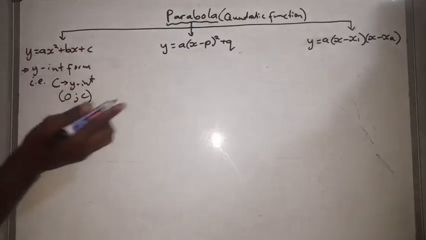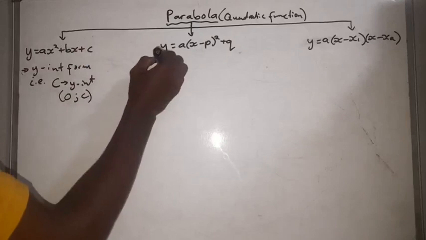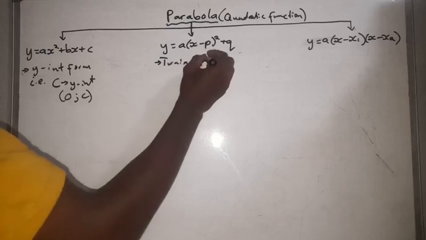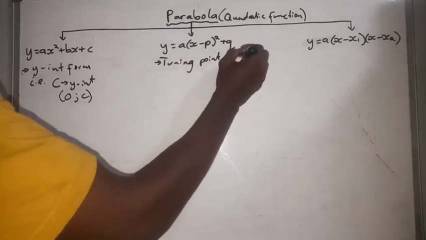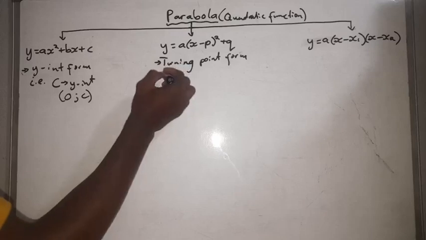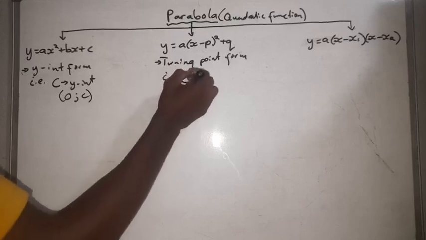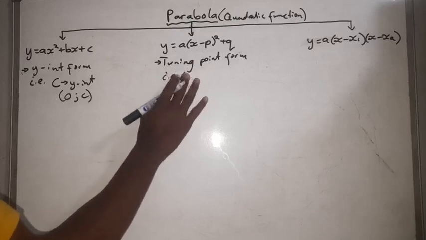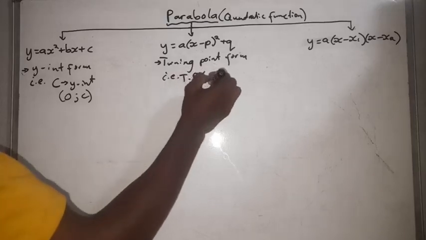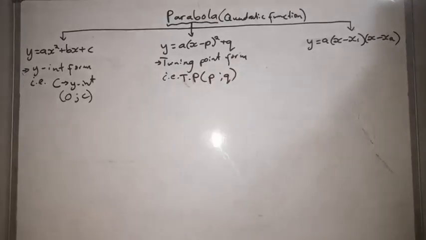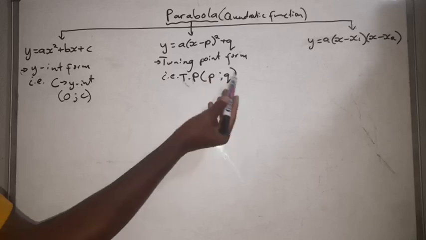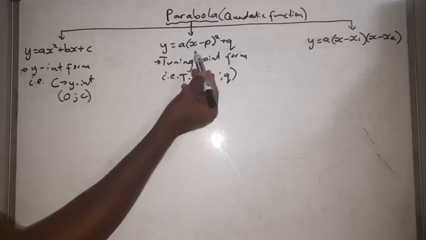Then this one, I'm going to call the turning point form. Why is that? There is the coordinate of the turning point, that's TP. The coordinates of the turning point are going to be P and Q from the graph up there.